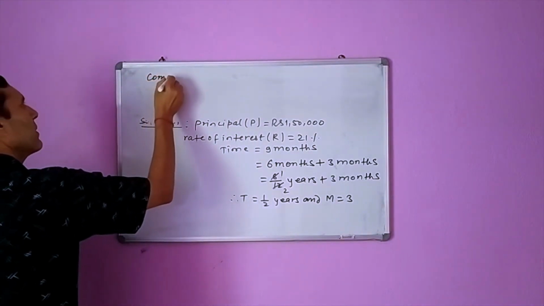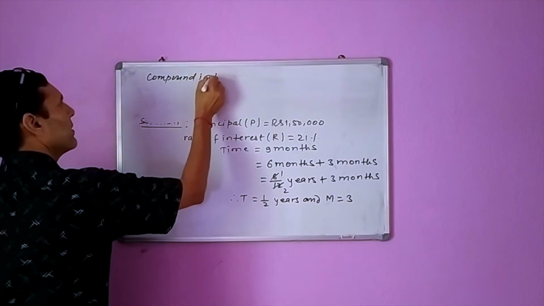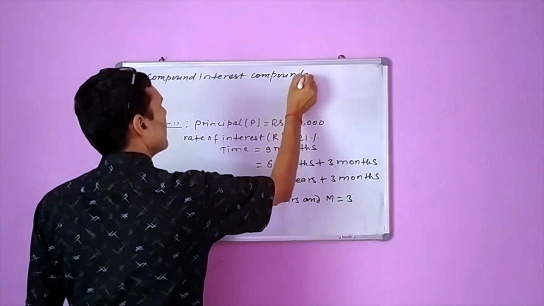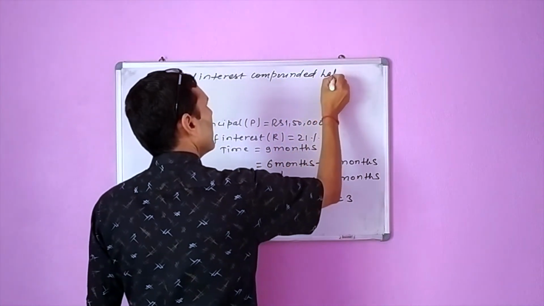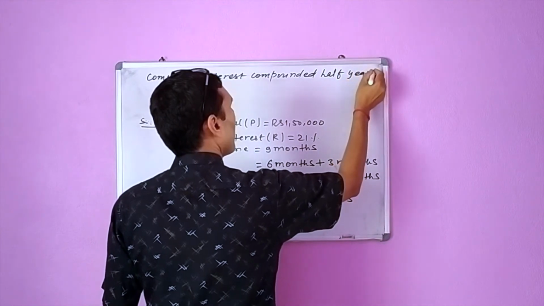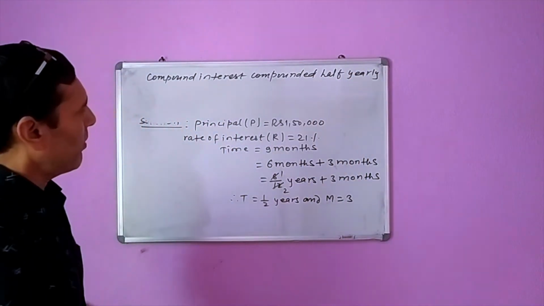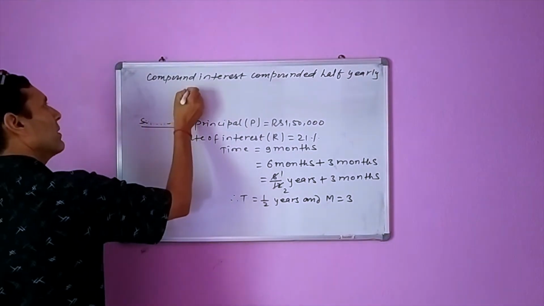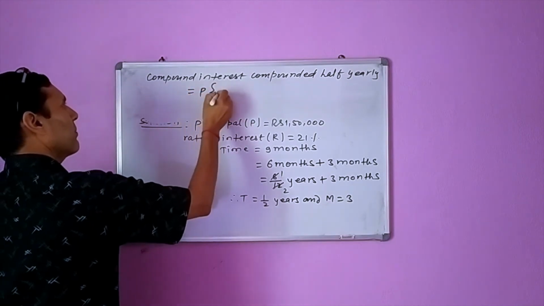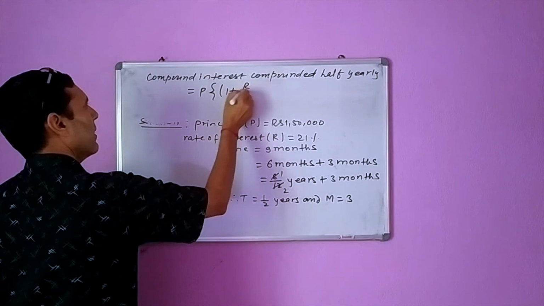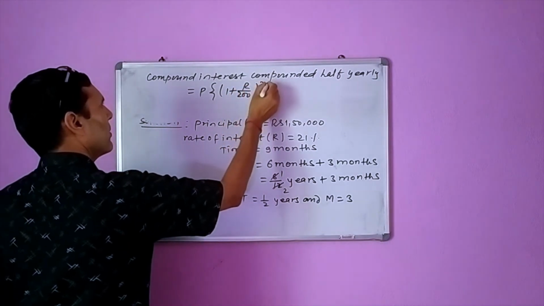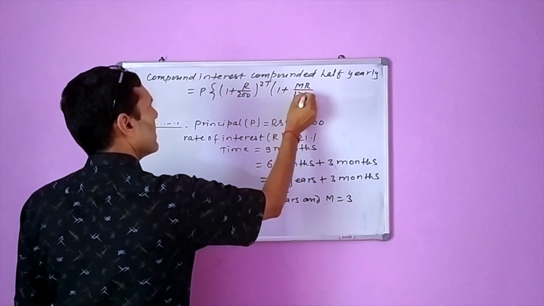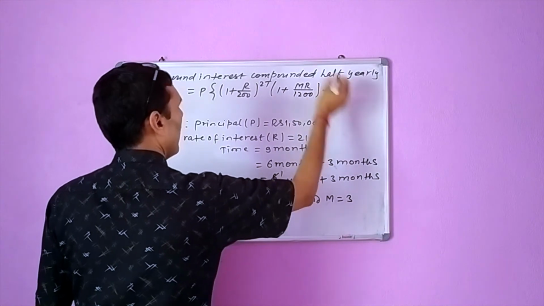We have compound interest compounding half yearly. When the time is given in this form, when we have certain number of half years and certain number of months, in this case we have our formula like P times (1 plus R upon 200) to the power 2T times (1 plus MR upon 1200) minus 1.